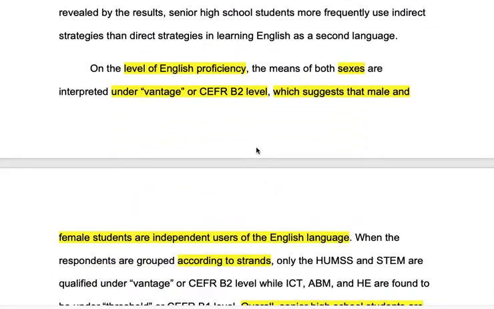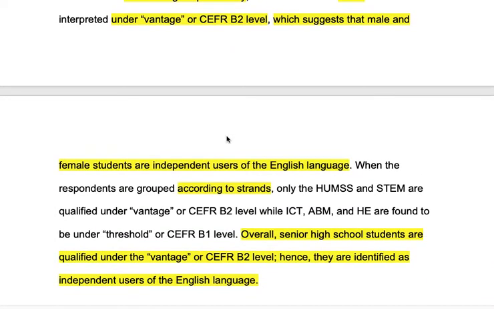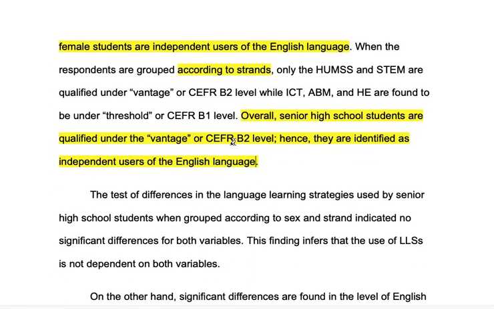On the level of English proficiency, you could summarize the results into 3 paragraphs. So, take note class that when we say summary, the shorter, the better. Okay? As much as possible, the sentences you have put in there must be substantial enough for the summary of findings.